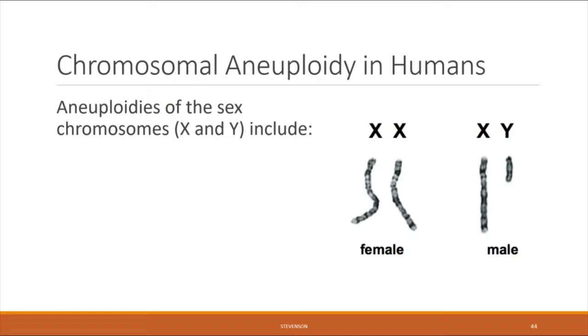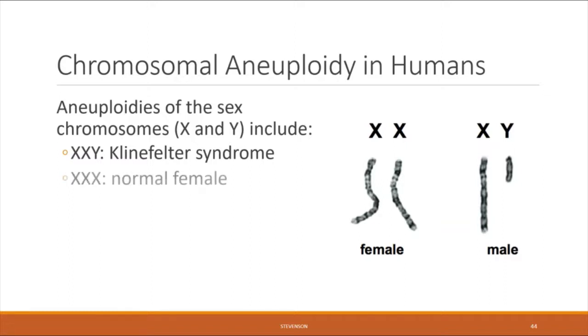Now, when it comes to talking about the sex chromosomes, the X and Y chromosomes, things are a little bit different, because it's possible to have aneuploidies of these chromosomes as well. For example, having 2 X's and a Y together results in a condition known as Klinefelter syndrome. Having 3 X's is actually a normal female. Having 1 X and 2 Y's is normal male, but having 2 Y's together is lethal.